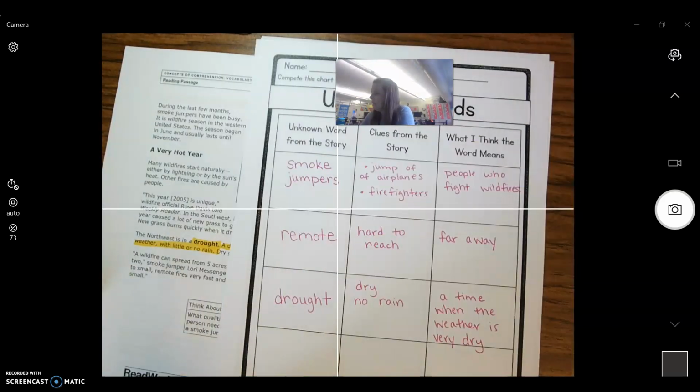All right, so now it's going to be your time to show me what you learned. So you're going to leave this video and go and complete the Nearpod. The Nearpod is your exit ticket. During the exit ticket, you're going to show me that you can go back to a story, find the definition, and figure out what the word means. I can't wait to see how smart you are.